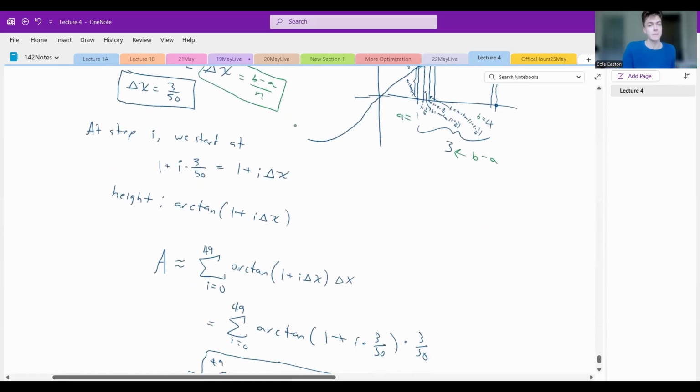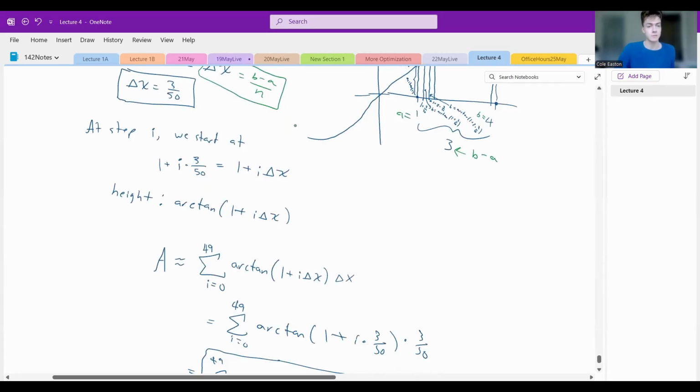And then at step i, we start at, we said, 1 plus i times delta x. But in general, that's going to be whatever our starting point is, plus i times delta x. And we call this point at step i our x i. So we say x i equals a plus i delta x.